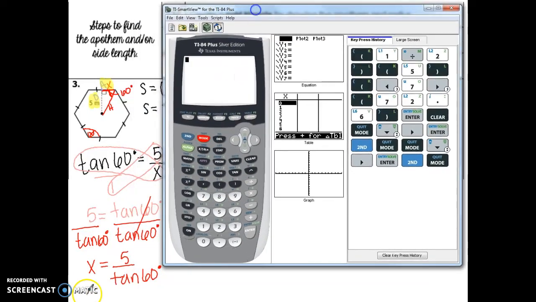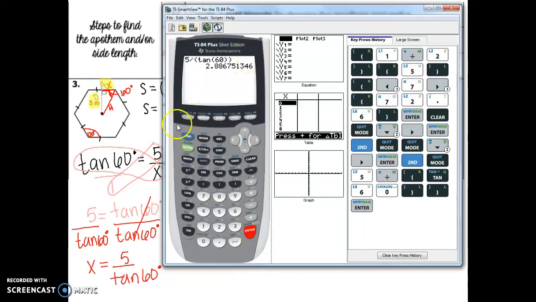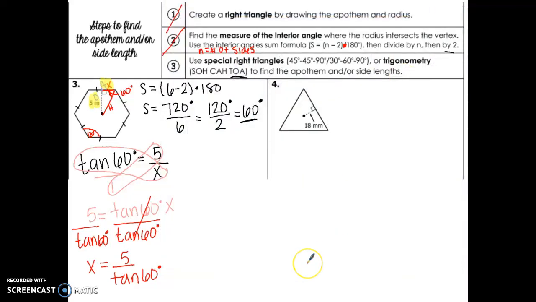So let's put that into our calculator. We would say 5 divided by parentheses tangent of 60, close it twice, press enter. You should get 2.8. So x here is equal to 2.8.